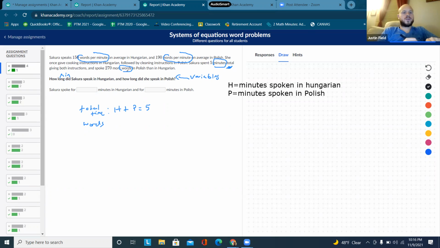Okay. Then 270 more words in Polish than in Hungarian. That sounds like subtraction.